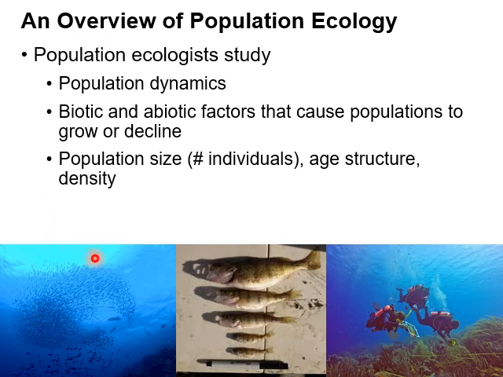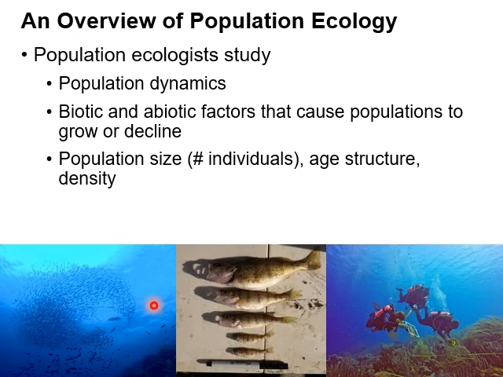So just how many individuals there are in a population. And so what we could do here in this picture is go to this reef and make an estimate of how many individuals are there of that population. Of course, that's easier said than done, but that is something that population ecologists do.